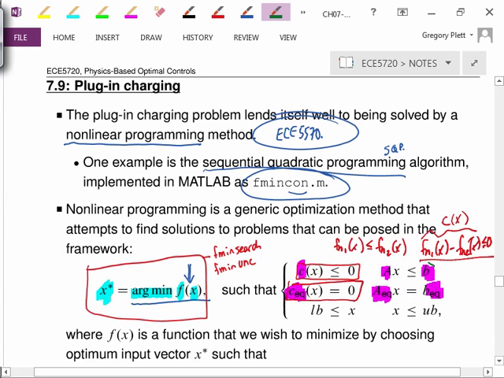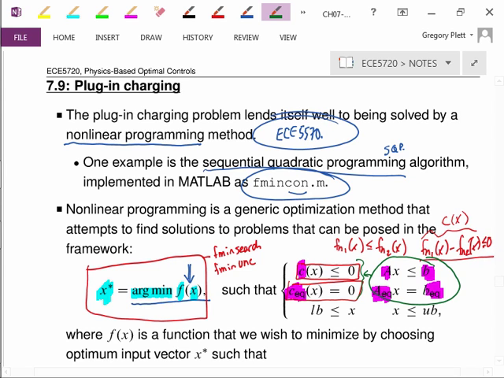Of course, the linear constraints could be written as a subset of the nonlinear constraints. However, the optimization is more efficient if I can separate out the linear and the nonlinear constraints just based on the methodology that's used.